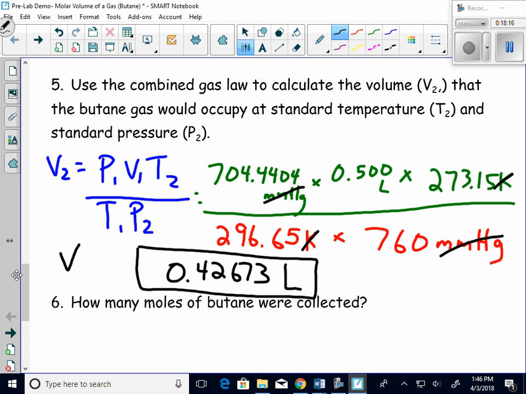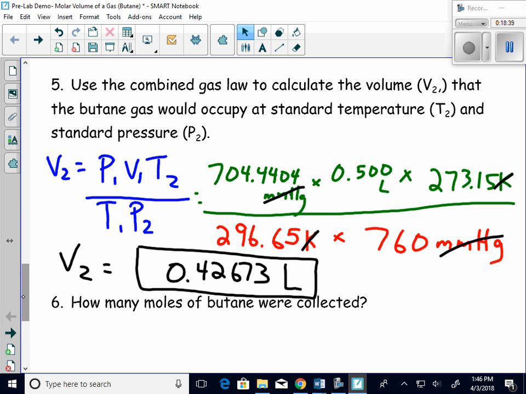So that is equal to V2. That is my volume at STP of the gas I would have collected.